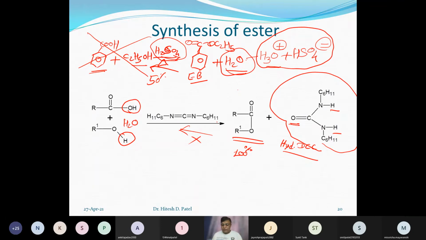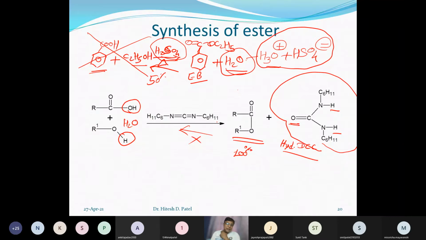Now how does the reaction take place, what is the role of DCC, and how will DCC be involved in the synthesis of ester from carboxylic acid and alcohol? As we have discussed previously, that is the role of the reagent.